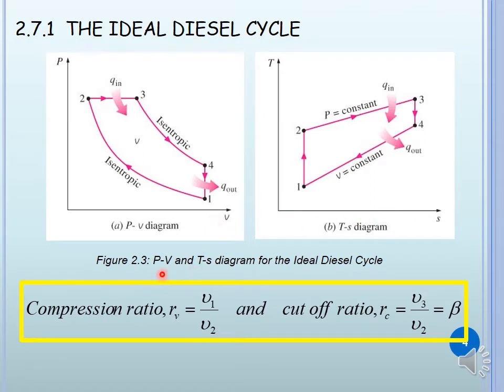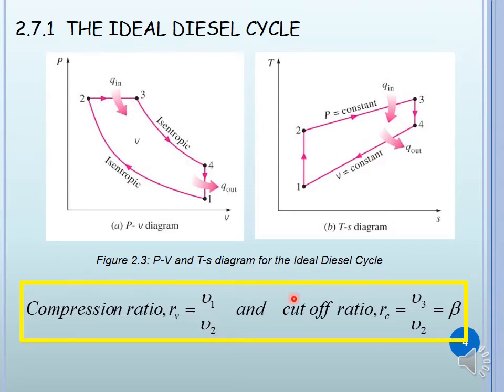Okay, what is one more difference between the Otto cycle and the diesel cycle? In the diesel cycle, we have another ratio that can be used. In the Otto cycle, we only have the compression ratio RV, which is the maximum volume over the minimum volume, so the maximum volume is at 1 and the minimum volume is at 2.